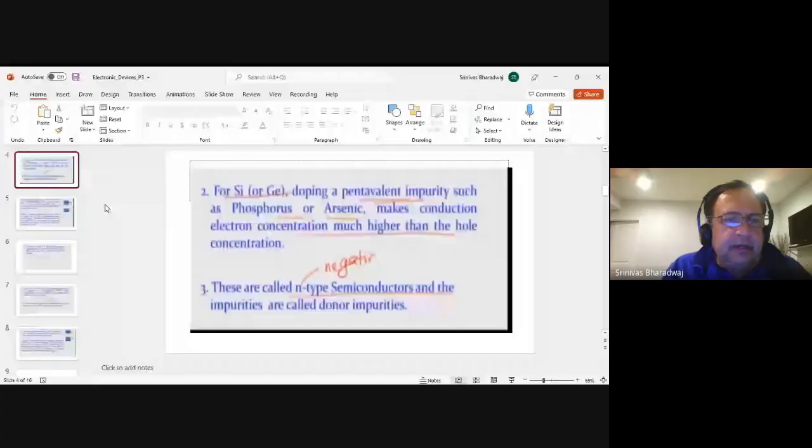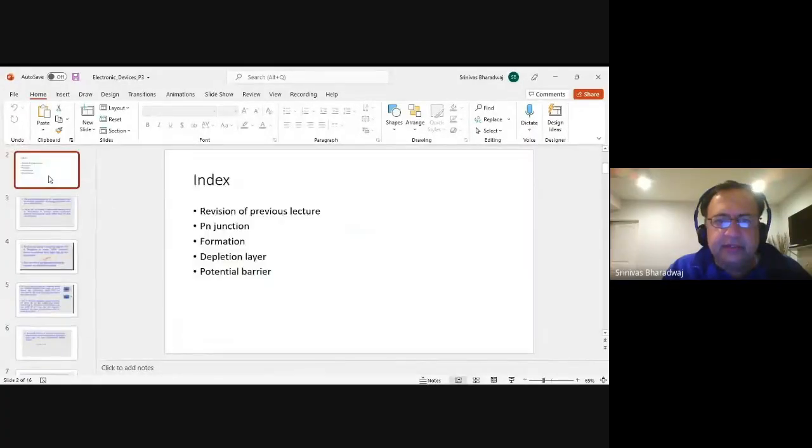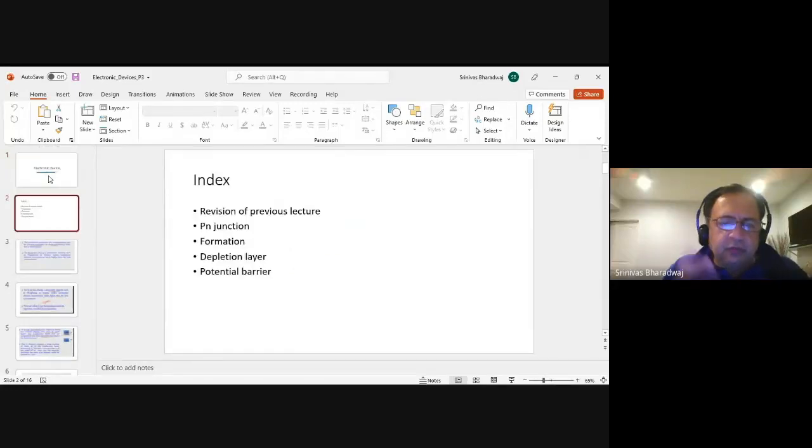There are many ideas that you should know in semiconductors, and the first and most important idea deals with bias. So I'm going to do a quick revision of what we learned last time.